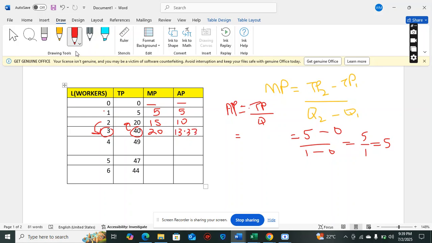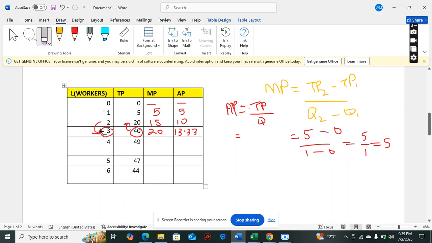Okay, once we're done with this table, then I'll show you the relationship between marginal product and total product, marginal product and average product. But as we're solving, just see how total product is acting as marginal product is increasing. Also look at average product, see how it's also reacting as marginal product is increasing.